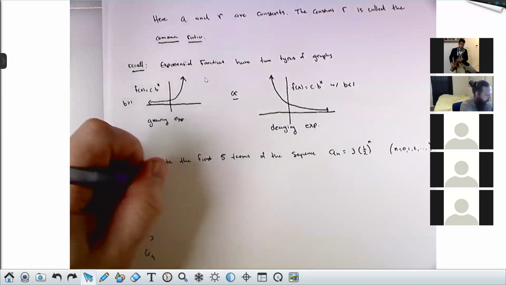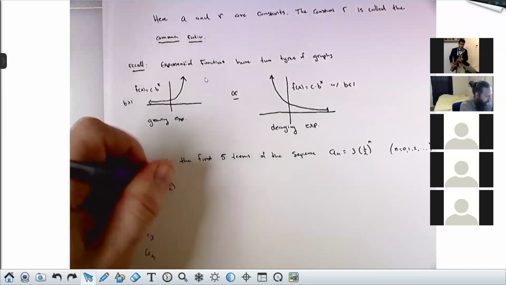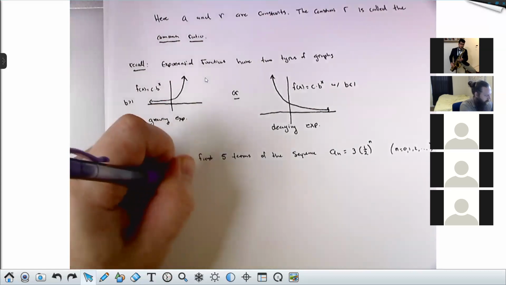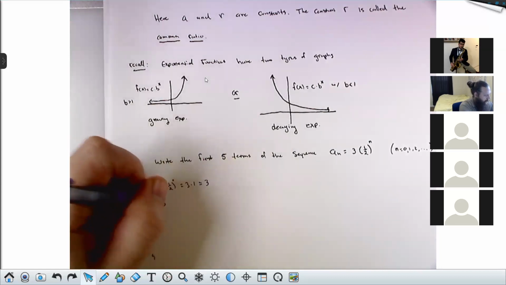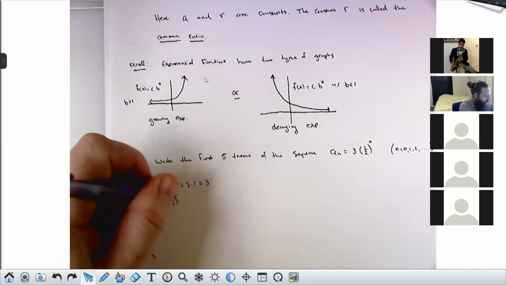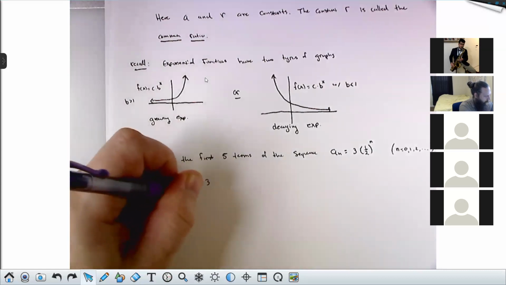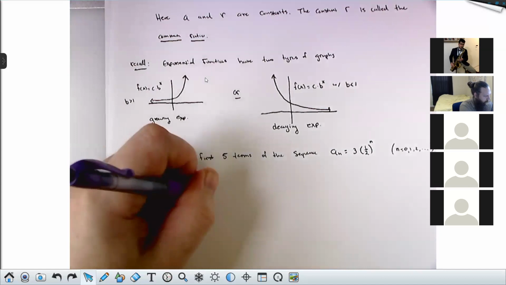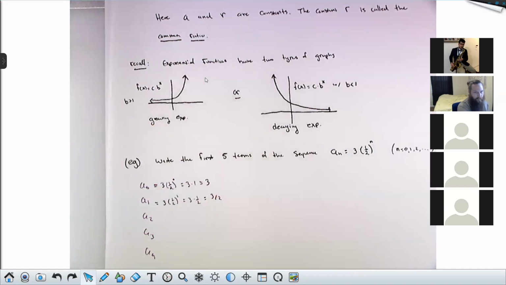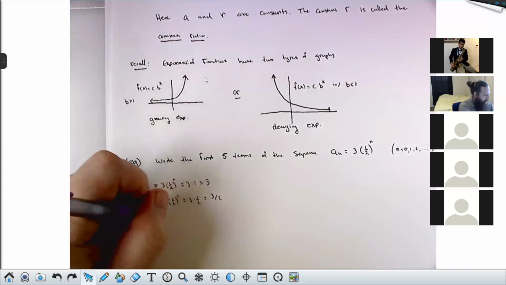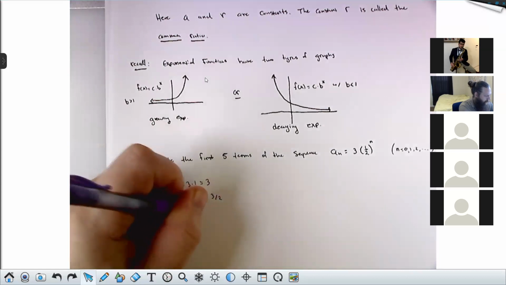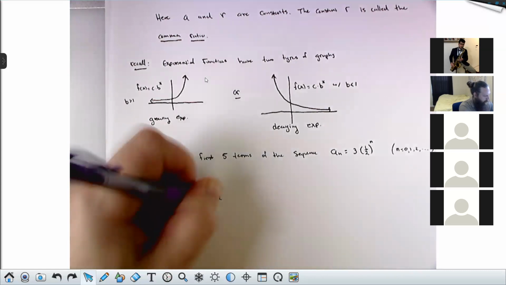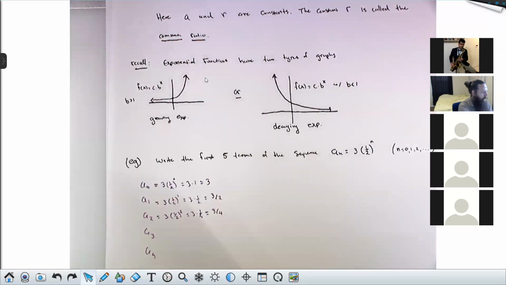A0 would be 3 times 1/2 to the 0, which is 3 times 1, which is 3. A1 would be 3 times 1/2 to the 1, which is 3 times 1/2, or 3/2. A2 would be 3 times 1/2 squared, which is 3 times 1/4, or 3/4.